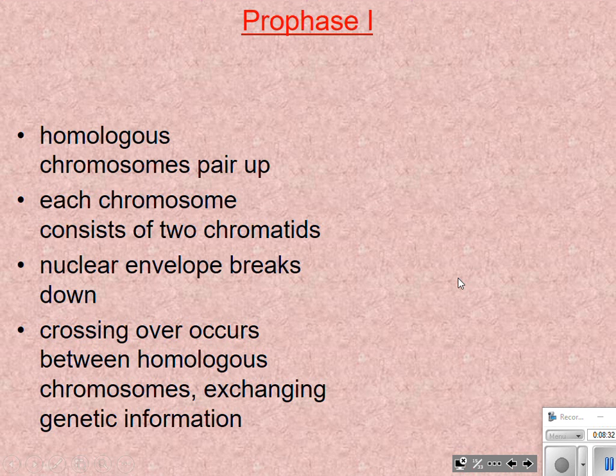So, if you look, flip back once again, we can see the homologous chromosomes, okay? We can see the homologous chromosomes, the homologs. We can see the sister chromatid, okay? Each chromosome consists of 2 chromatids.